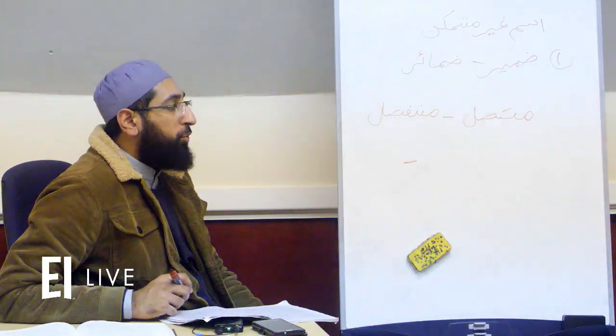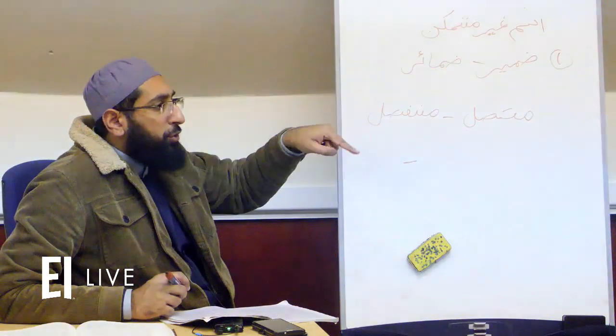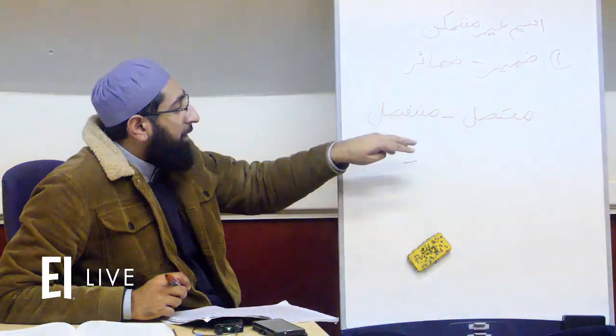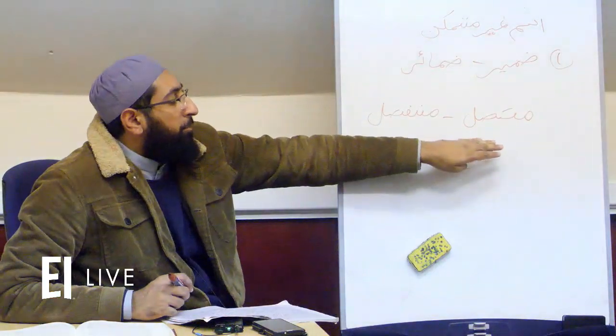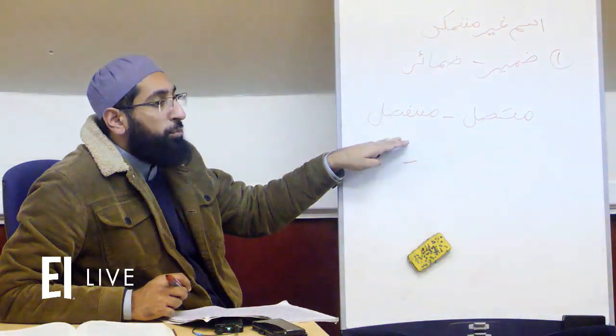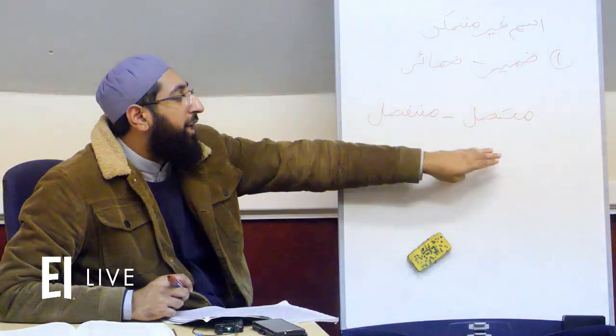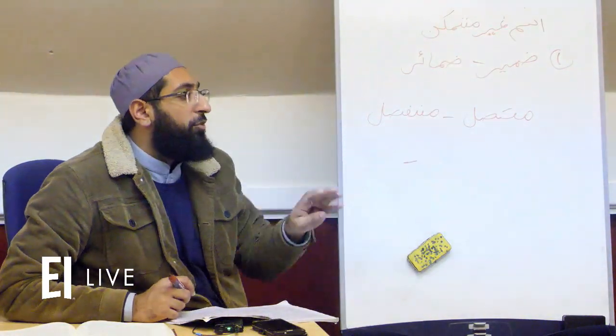So it's marfu muttasil, marfu munfasil. We're going to go through all of them one by one. Marfu muttasil, marfu munfasil. Mansoob muttasil, mansoob munfasil. And then majroor only has muttasil. There's no munfasil for majroor.